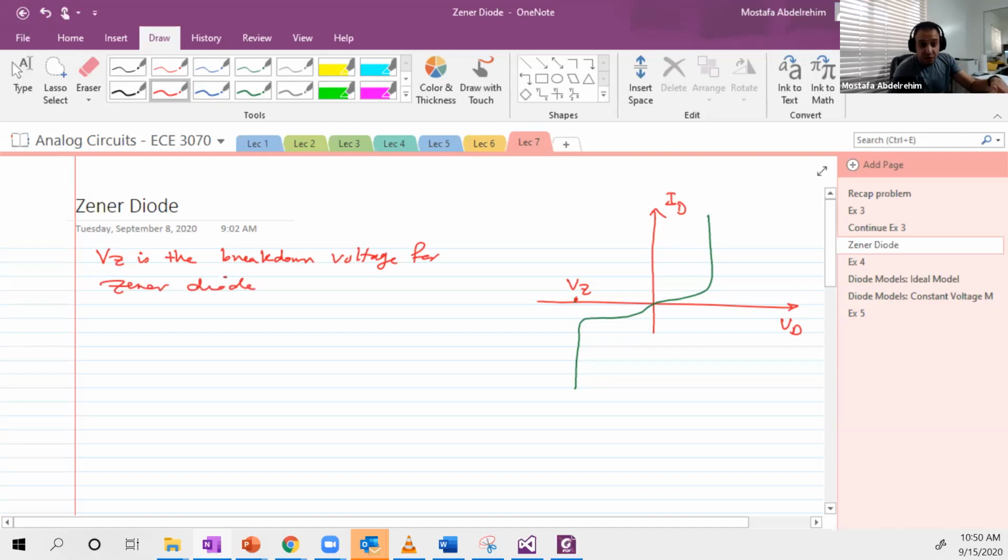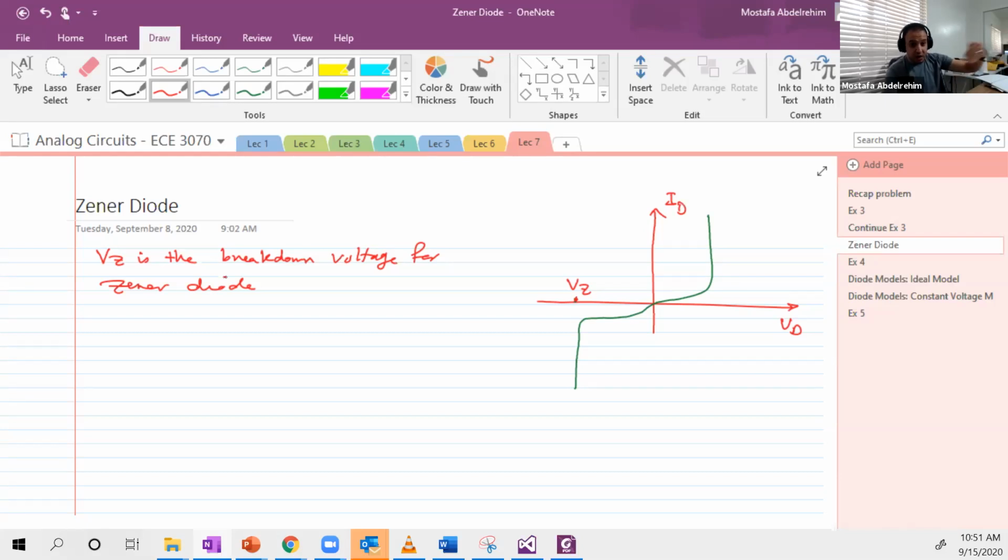And based on the Zener diode, you may find this diode and know its Zener breakdown voltage. You will see that usually this breakdown voltage is very small, maybe less than 20 volts.